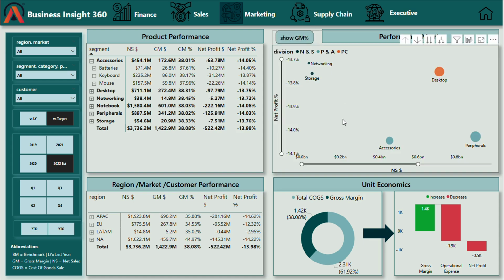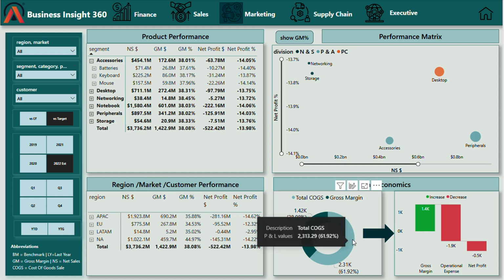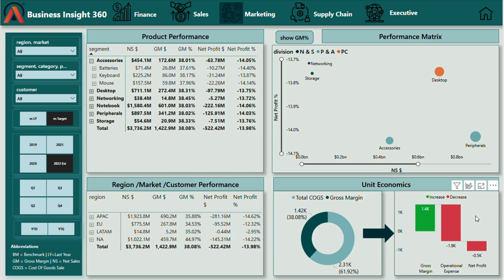And again we have a similar thing like two different performance lists here. One is for product segment and one is for market. And again we have a donut chart here. It shows gross margin and COGS, and this waterfall chart divides gross margin into gross margin, operational expenses, and net profit.